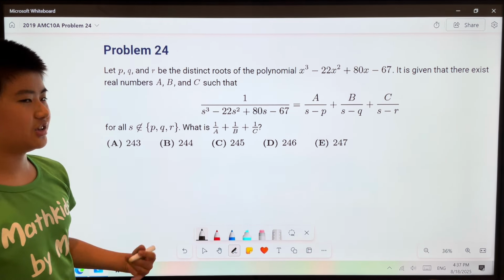First things first, this is really just an example of partial fractions, which you don't really need to know the name for. It doesn't really change what you do. But this is mostly used in calculus, because when you integrate a fraction like this, it's easier to integrate simpler fractions than a whole random fraction.